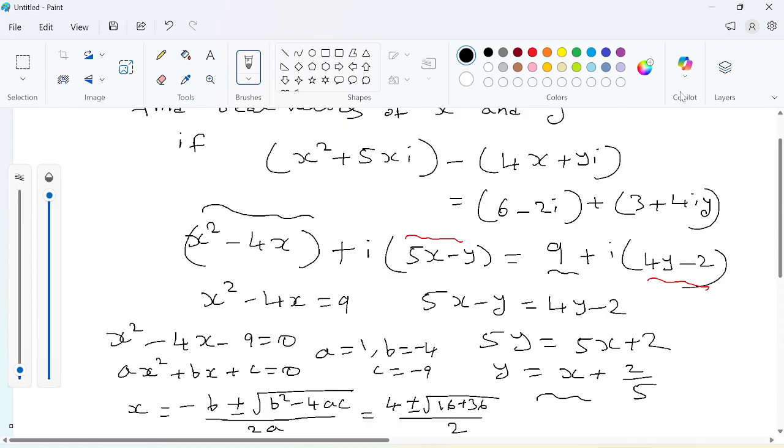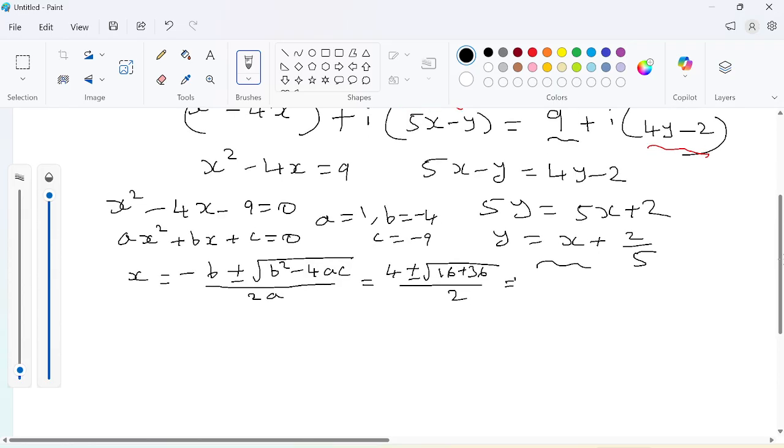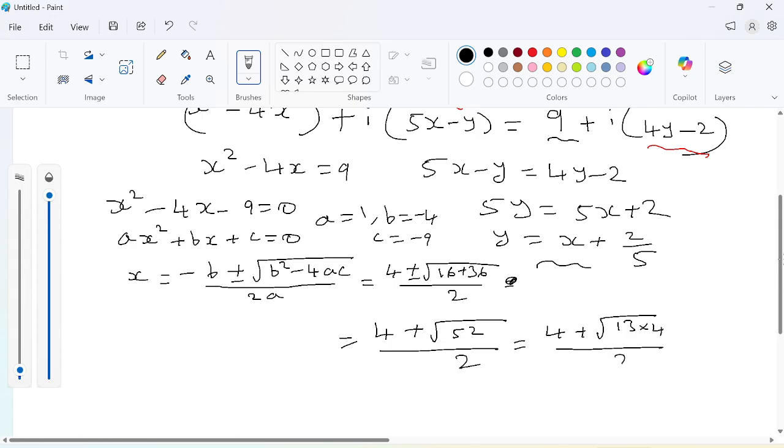Okay, now it will be 4 plus root 52 by 2. So I can write this as 4 plus root of 13 into 4 by 2.